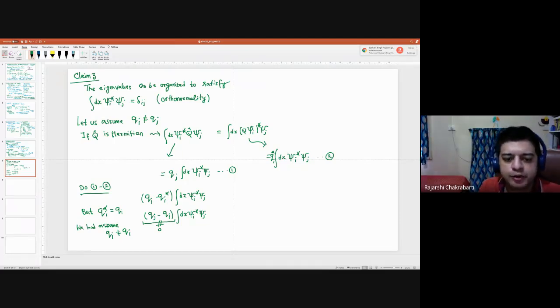But the left hand side should be equal to the right hand side, no? Because we are using this Hermitian operator property, isn't it? So the whole thing should be 0, because 1 is equal to 2, because of the Hermitian property.